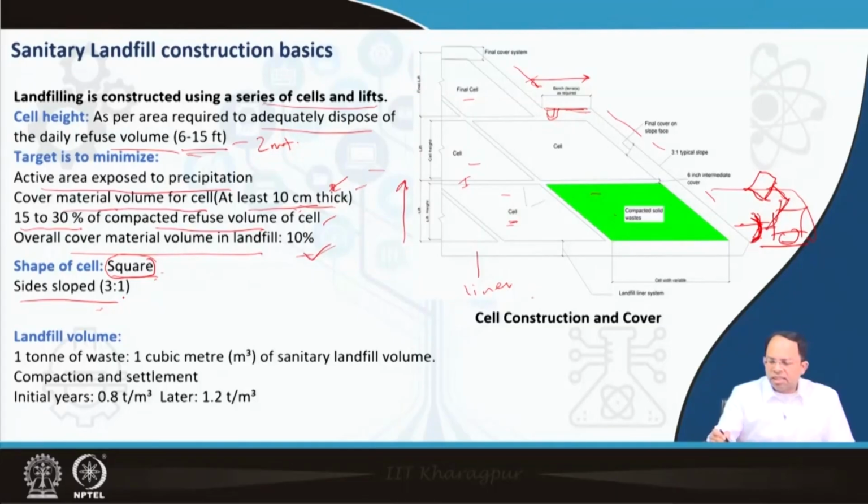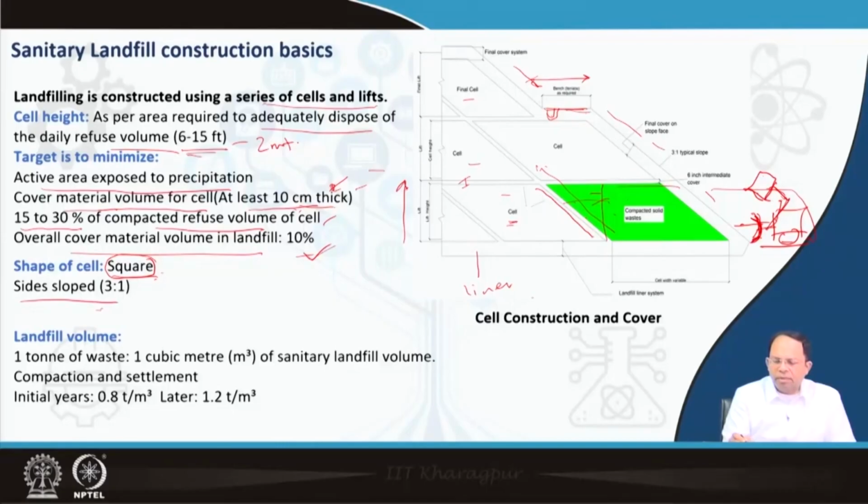Why? Because if this cell is sloped at 3:1, it allows vehicles to pass above it, and the next cell may also come in the same slope way and so on. And slope is required even when the equipment is used to fill up this cell with garbage, because it is difficult to fill it up in a straight line, right?